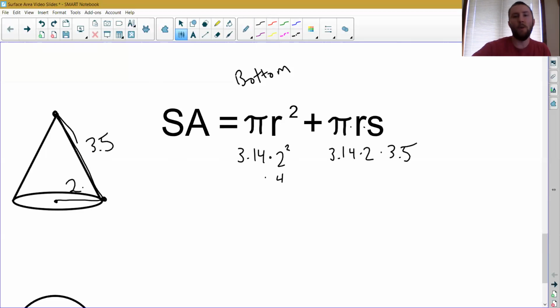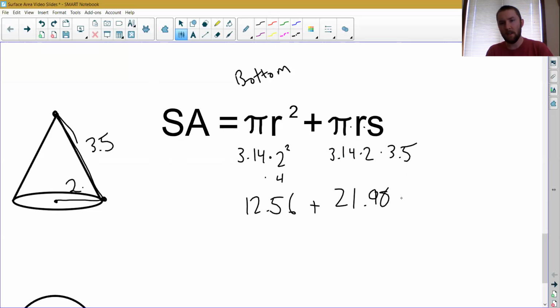If I multiply all of those together, 3.14 times 2 squared is 12.56, plus 3.14 times 2 times 3.5 gives me 21.98. If I add those two together, I get 34.54. And that is the surface area for that cone: pi r squared plus pi r s.